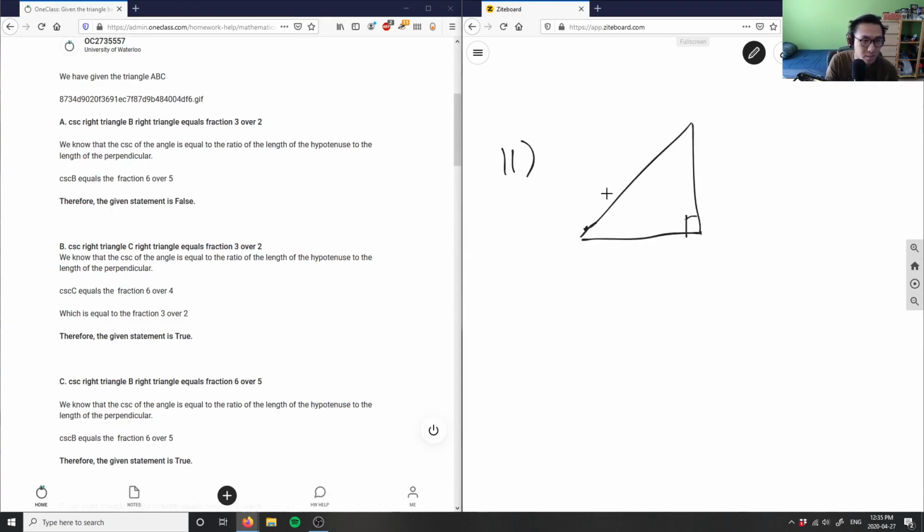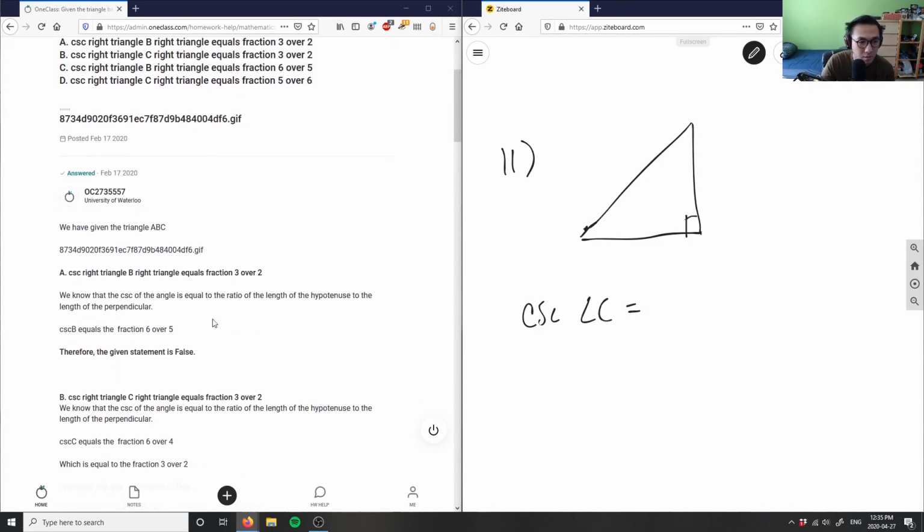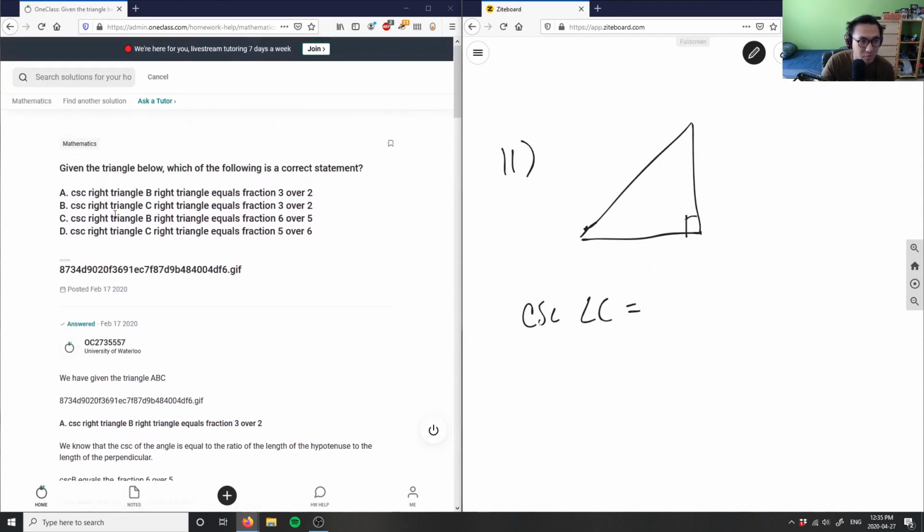This is cosecant. So cosecant of angle C equals 3 over 2.